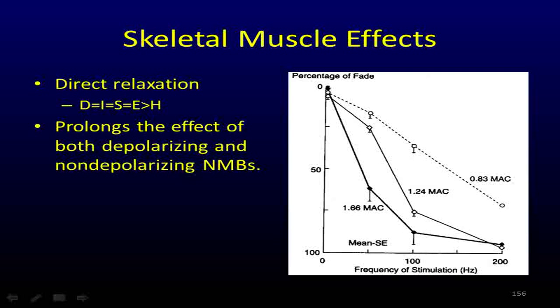That graph is telling you that I am getting a certain amount of fade, or muscle weakness, at varying MAC concentrations, which goes to prove that there's a direct skeletal muscle effect from the inhaled agents. Does that make sense? If not, let me know.